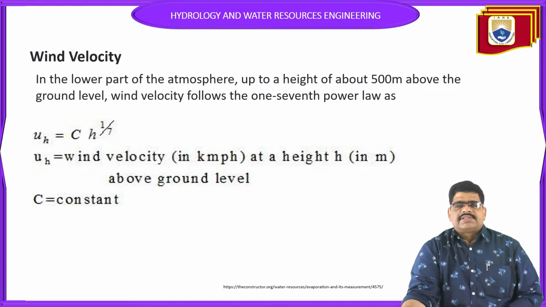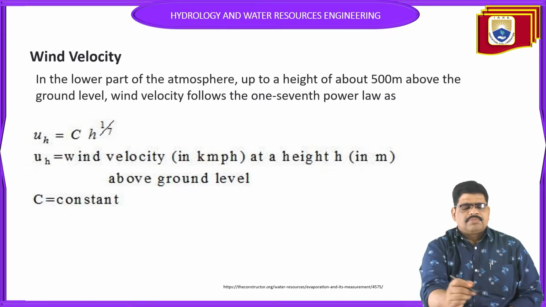Next, the wind velocity: how it affects evaporation in the empirical formulas. Let us see that. In the part of the atmosphere above a height of 500 meters above the ground level, wind velocity follows the one-seventh power law: U of h is equal to c into h to the power of 1/7.